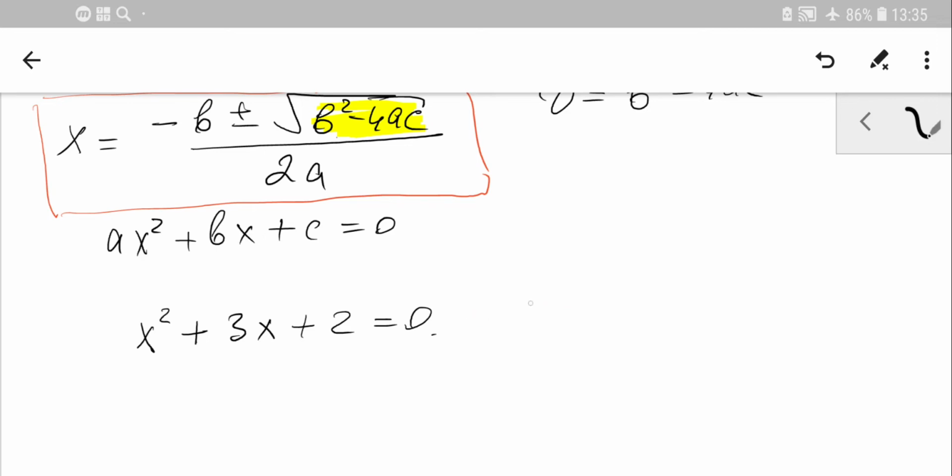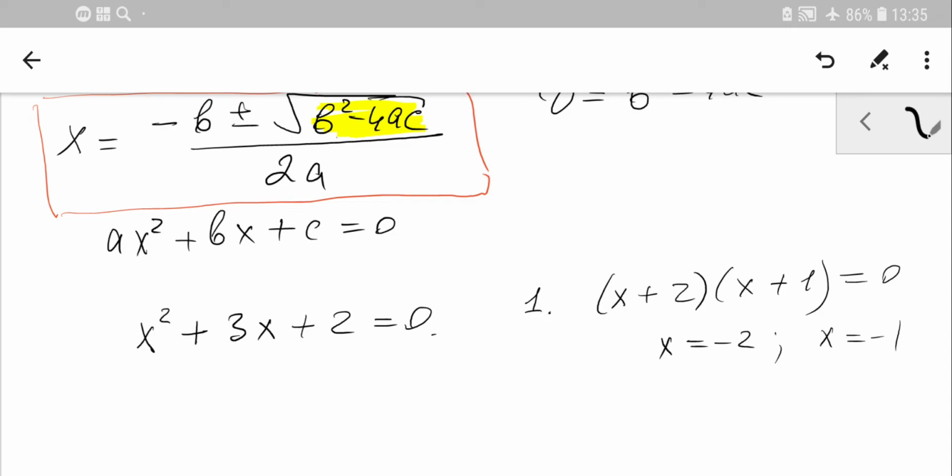As you remember, you can do it through factorizing. If you factorize that, you'll get the following: x plus 2 and x plus 1 equals 0, and the solutions are x equals -2 and x equals -1. Alright, so now let's apply the quadratic formula in order to get the same answer.